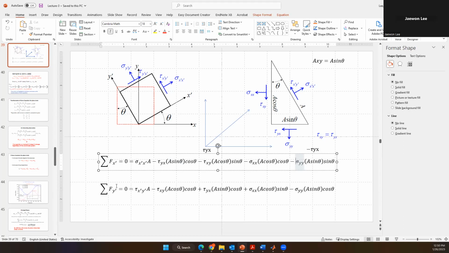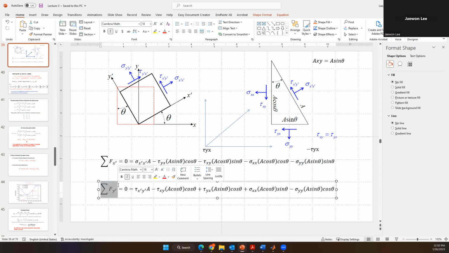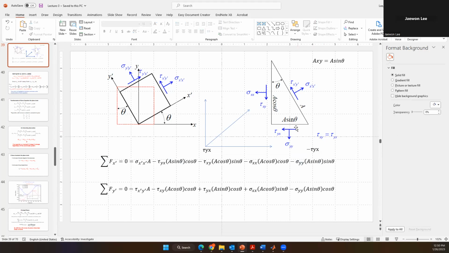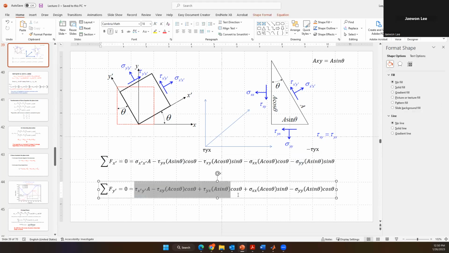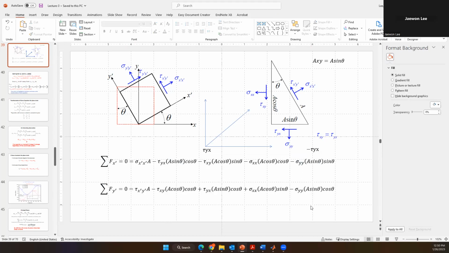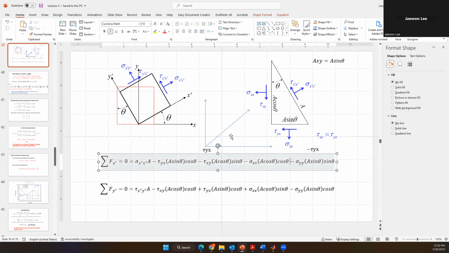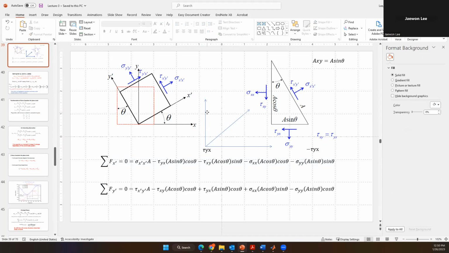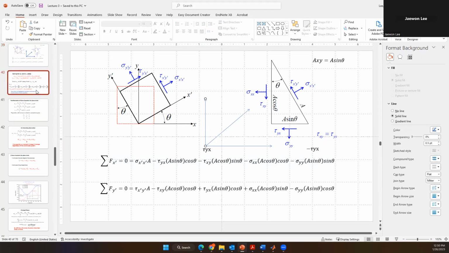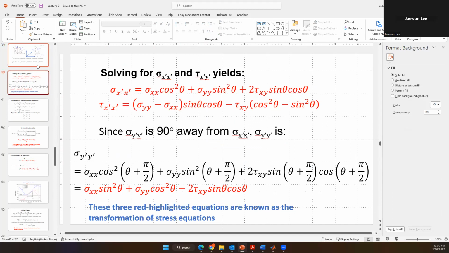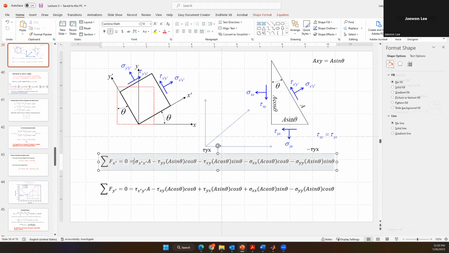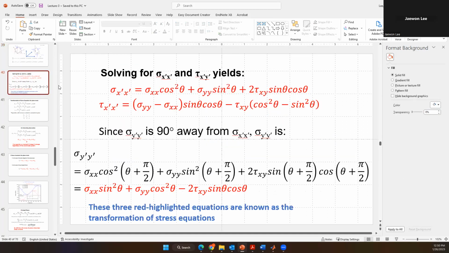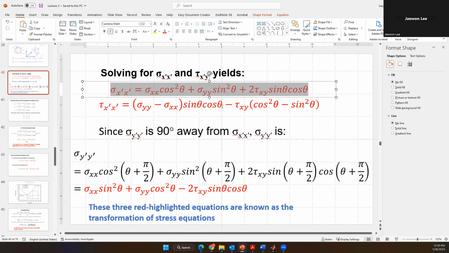How about the y prime direction? The y prime direction is also related to this one. I think you can calculate this similarly to the x direction calculation. So this relation could be changed and written like that.